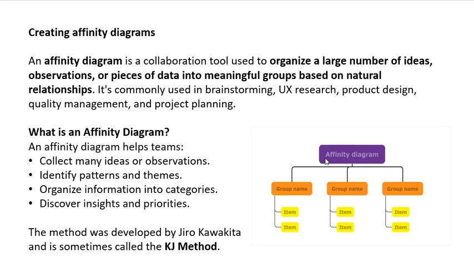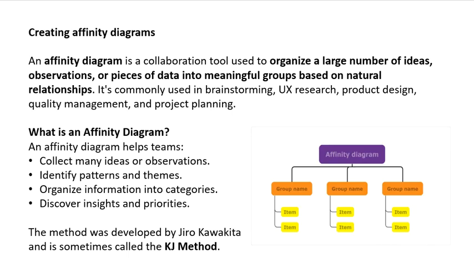The figure of an affinity diagram shows a root, and as children, group 1, group 2 and group 3, and all the group items are separate.